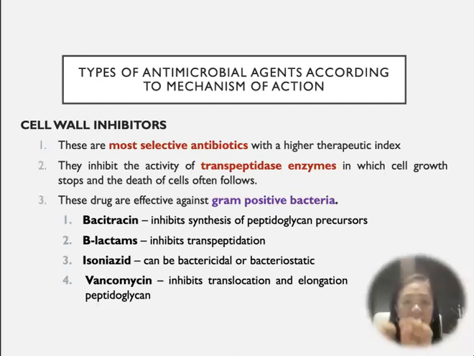Those NAM and NAG are held together by peptide bonds, and peptide bonds are formed in the presence of transpeptidases. So if transpeptidases are inhibited, there are no peptide bonds. If there are no peptide bonds, the NAM and NAG will break apart. If the NAM and NAG break apart, the peptidoglycan breaks apart too. The bacterial agent will die if the transpeptidase enzyme is inhibited.